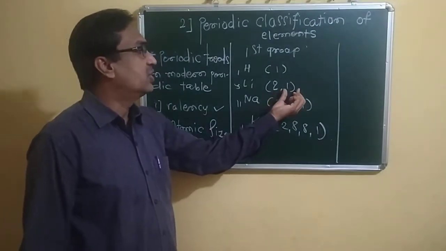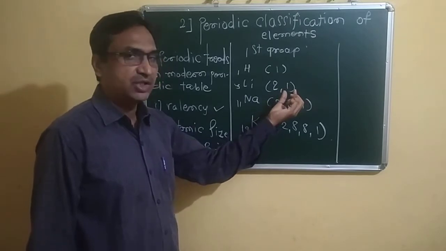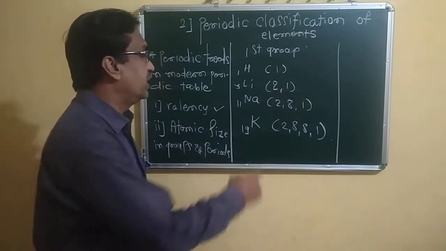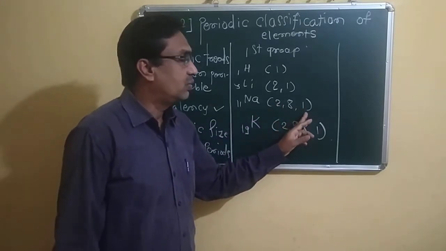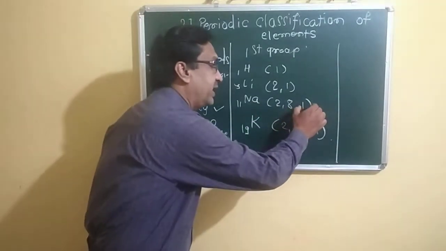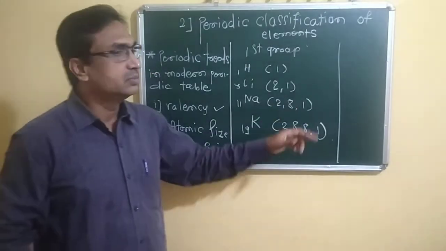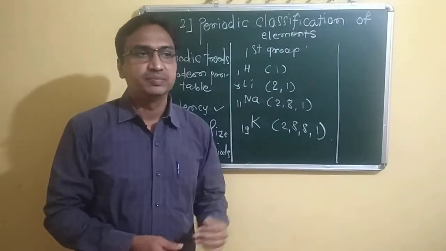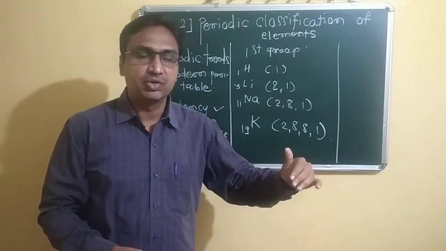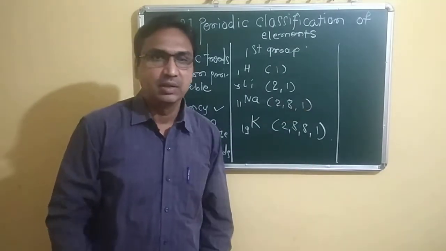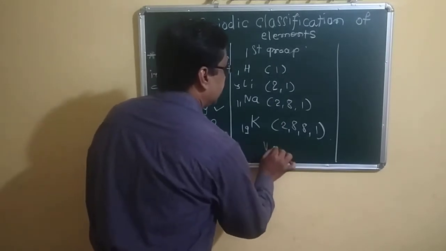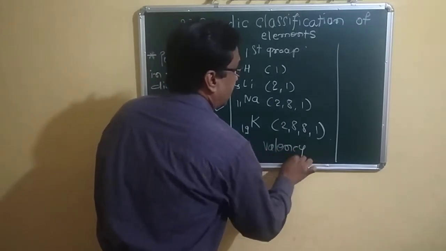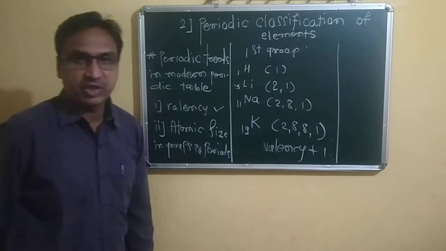In sodium also, it donates one electron from its outermost orbit to another element, so its valency is positive one.